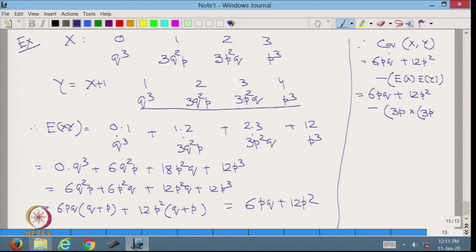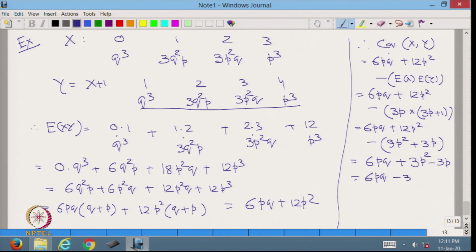Therefore, this is going to be 3 p plus 1, so it is 6 p q plus 12 p square minus 9 p square plus 3 p is equal to 6 p q plus 3 p square minus 3 p is equal to 6 p q minus 3 p into 1 minus p is equal to 6 p q minus 3 p q is equal to 3 p q.